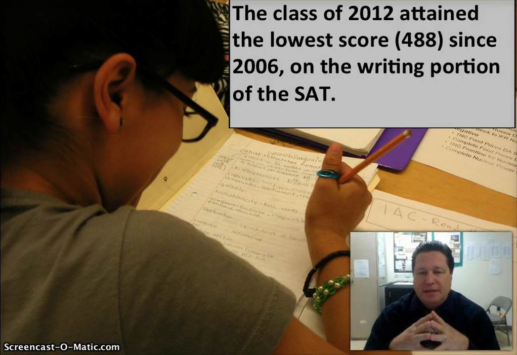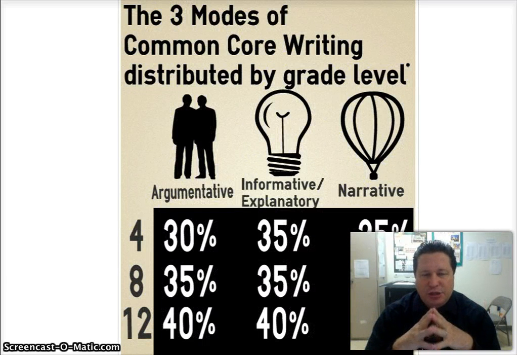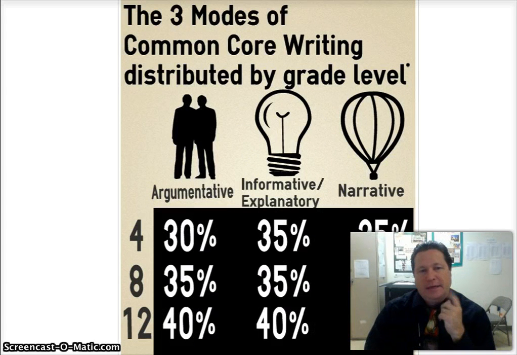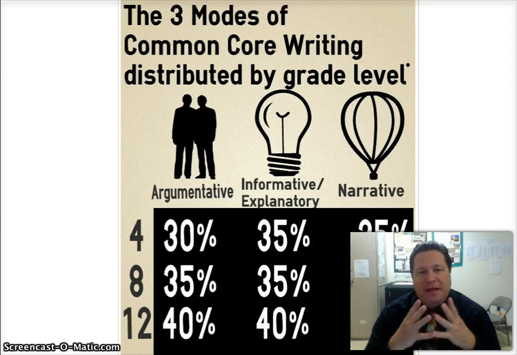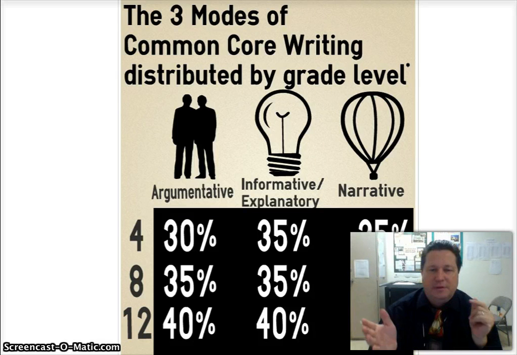And the biggest thing that the Common Core is going to focus on is argumentation. Argumentative writing is going to be 40% for our 12th graders, whereas the informative and explanatory stuff, kids have been doing that for years. They don't need much help with that, but kids do need help learning how to form an academic argument, learning how to cite sources, cite their information in the text, and that's what this discussion is really about.